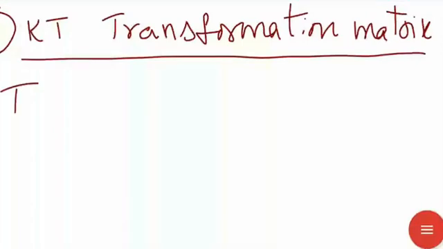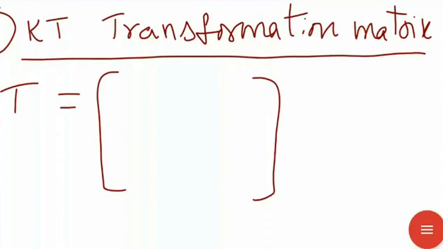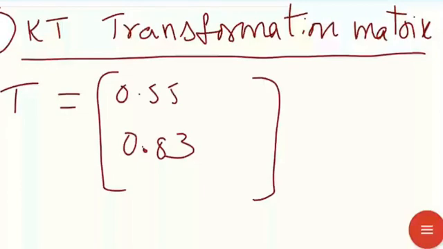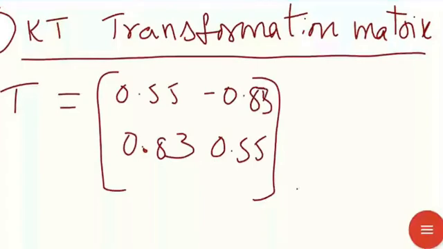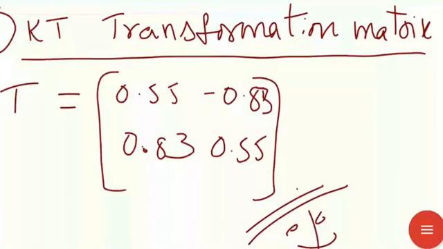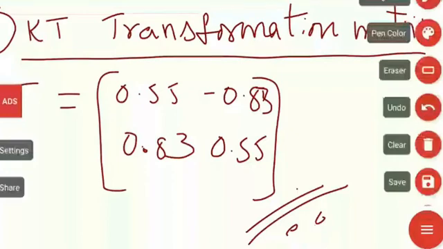The KL transformation matrix T is nothing but the combination of the normalized eigenvectors. The first one is 0.55, 0.83. Join the column vectors to get the n by n matrix, like a 2 by 2 matrix: minus 0.83, 0.55. In this way, find the transformation matrix for the KL transform.